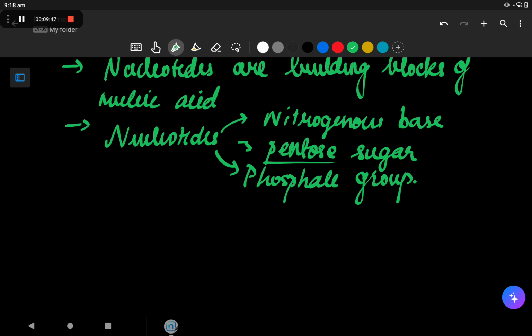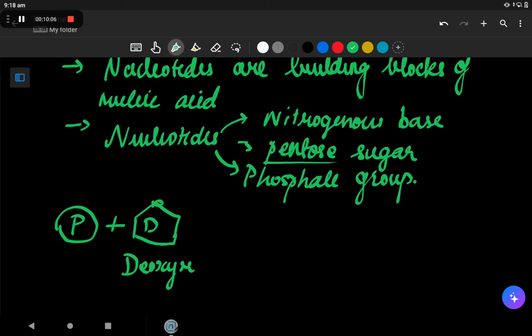How will it look? This is the phosphate group, right? Phosphate group along with the sugar. Here I'm taking, in case of DNA it is deoxyribose, in case of RNA it is just ribose. As I'm taking DNA, let me consider deoxyribose sugar. This is called the phosphate group, phosphate molecule.